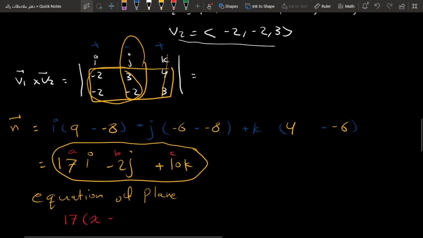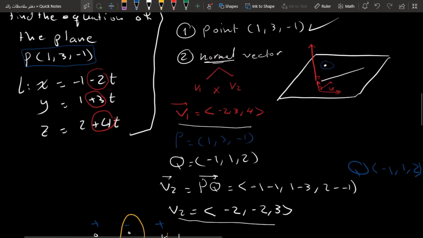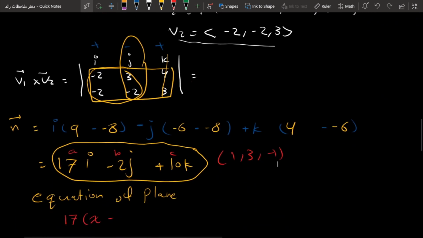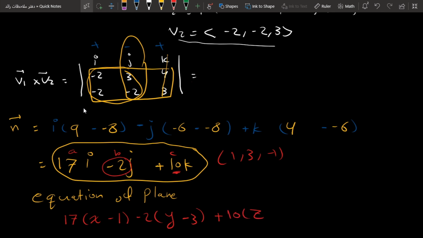I will choose the point 1, 3, negative 1, just to be sure. 1, 3 and negative 1. يعني راح نقول 17 (x - 1) and we have negative 2 times (y - 3) and plus 10 (z - (-1)), which is equal to 0.